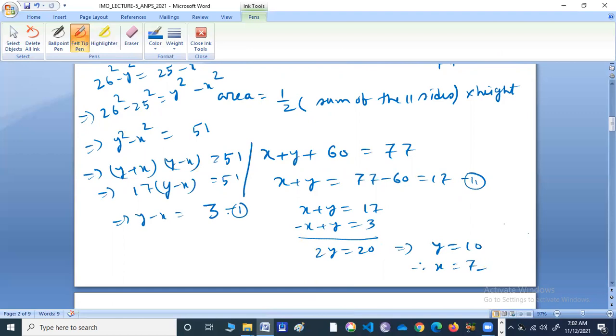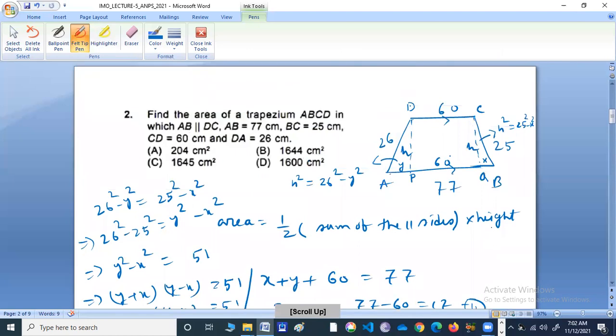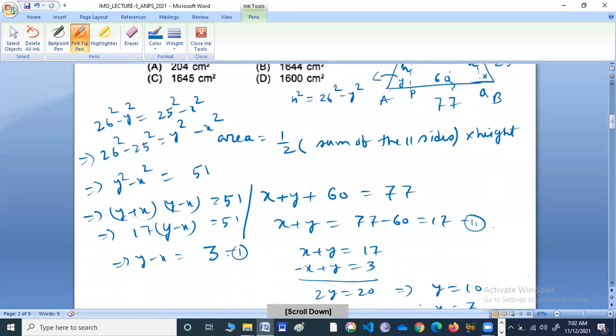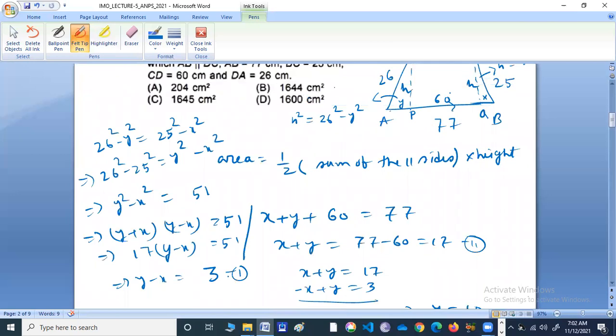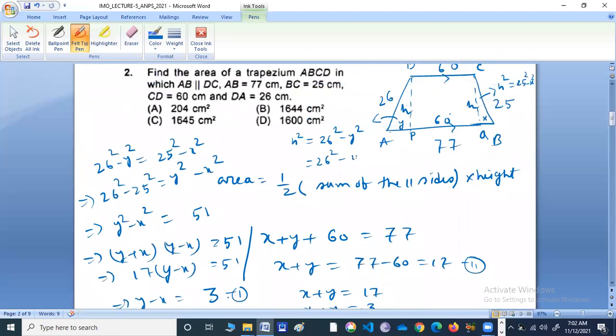Okay, so we know y, we know x, so we can easily find h, right? Here, if you put 26 square minus y, the value of y came what? 10. So 10 square, right?